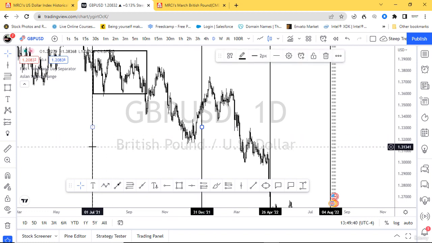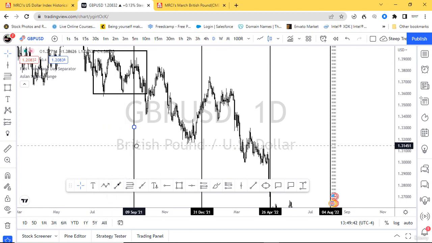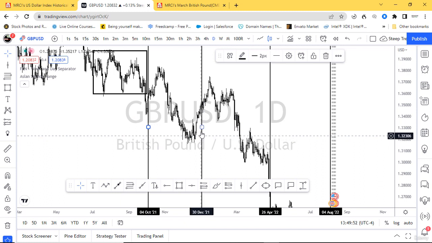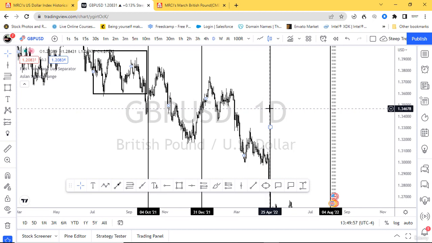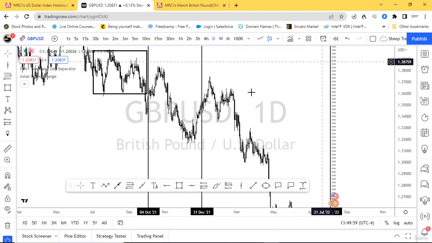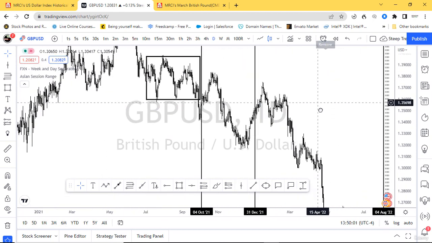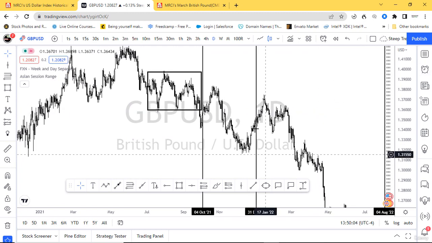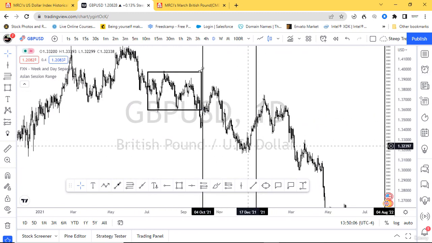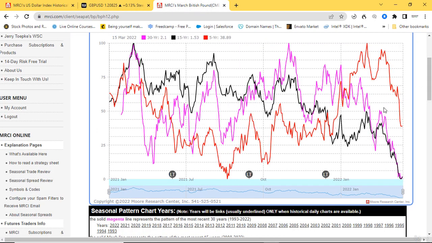Let's move this to October. As you can see, October gave way to the sell model between October and December. And we were able to see that in these tendencies.